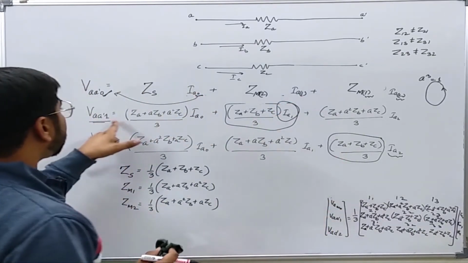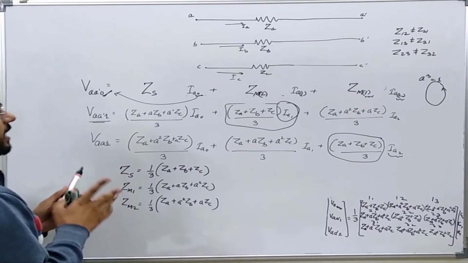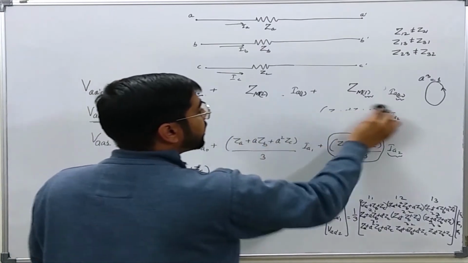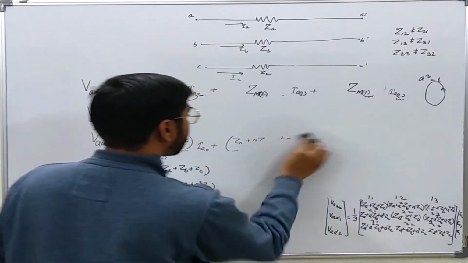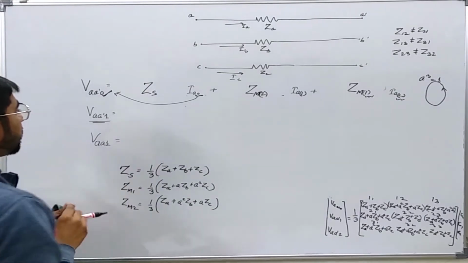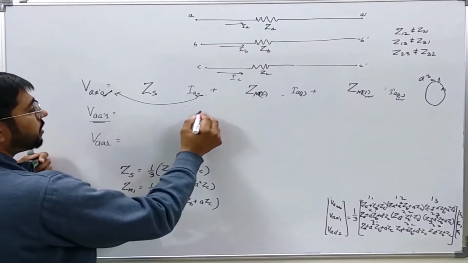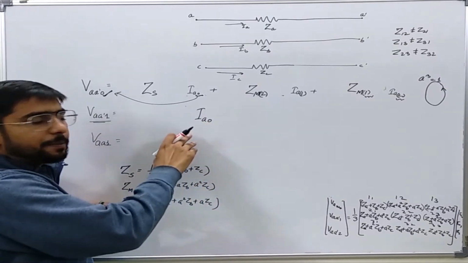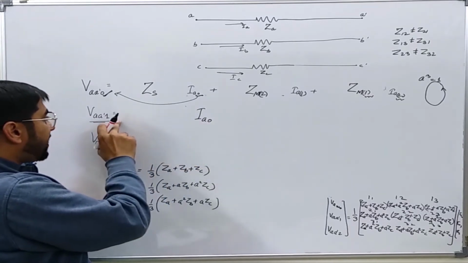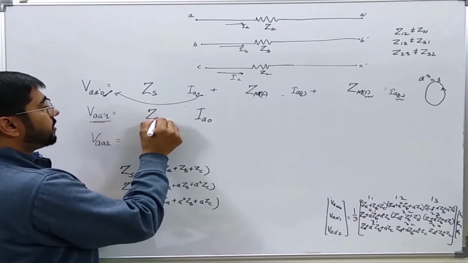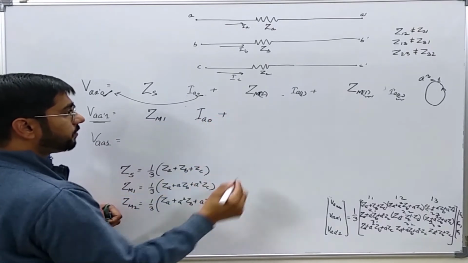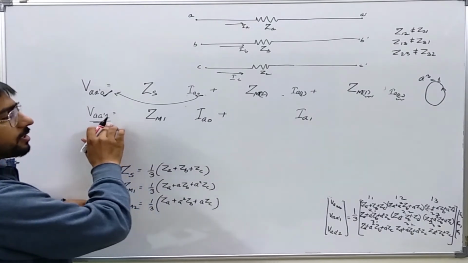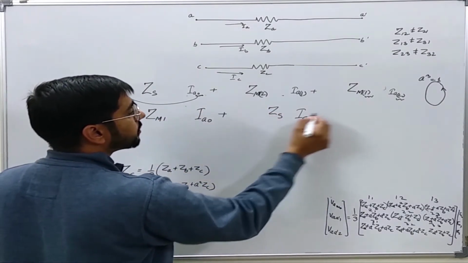Now let us write this equation directly without even seeing this. I will erase this and we will try to write it directly from this shortcut which we have seen now. This is VAA-1. Here it is A0. So some subscript should come which should be equal to 1. 0 plus 1 so that it is equal to 1. So I will write ZM1 here. Now here it is IA1. 1 plus 0 should come so that it is equal to 1. So it is ZS.